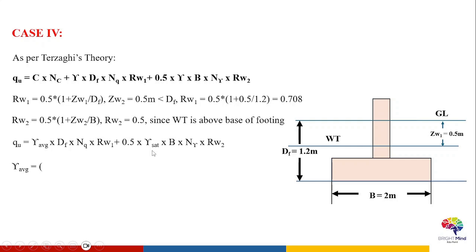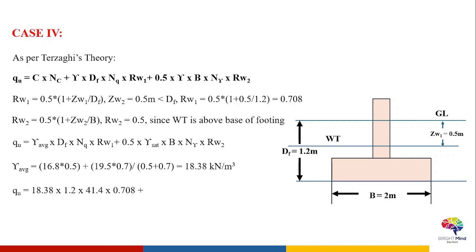So the average unit weight for the soil above the base of the footing will be calculated as 16.8 into 0.5 plus 19.5 into 0.7 divided by 0.5 plus 0.7, which comes out as 18.38 kilonewton per meter cube. Substituting all these values that we have calculated, the value for ultimate bearing capacity for this condition comes out as 1060 kilonewton per meter square.